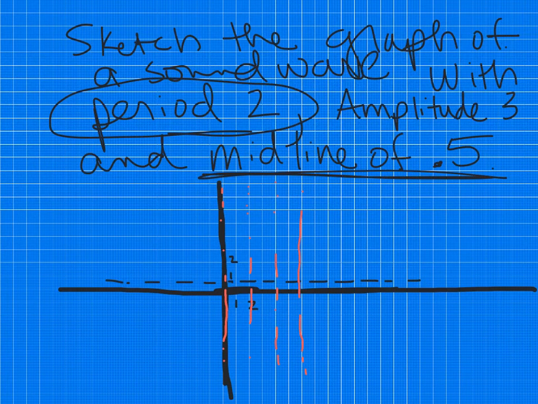Okay, so the amplitude is 3, which means from that midline I am going up and down 3 units. So you should probably find the halfway point because a sound curve is going to be a sine or a cosine curve, which you'll see a lot more of later in the unit. But you need to just go up 1, 2, 3 units.